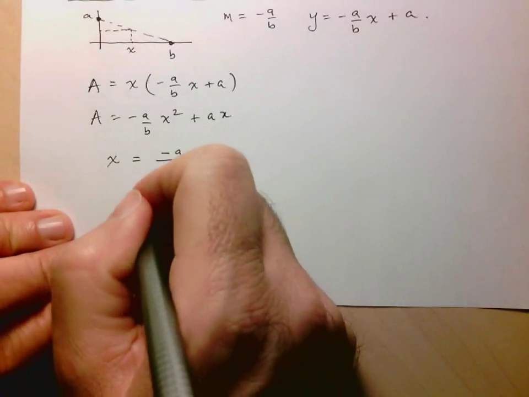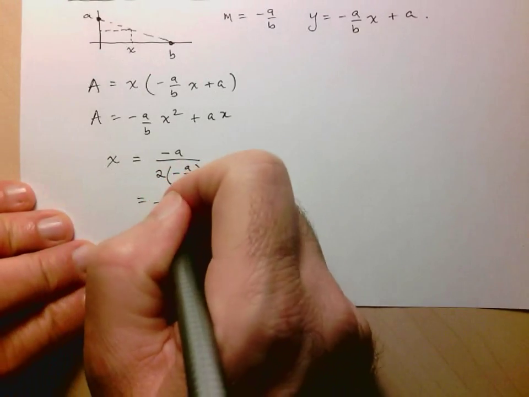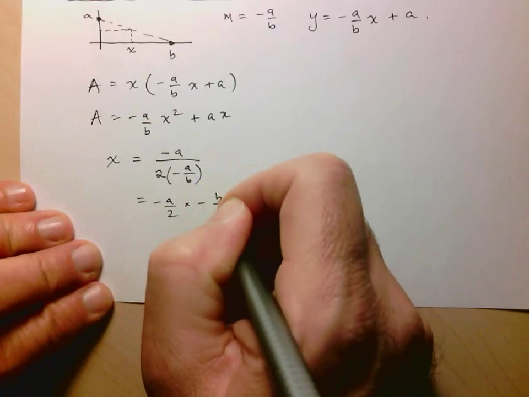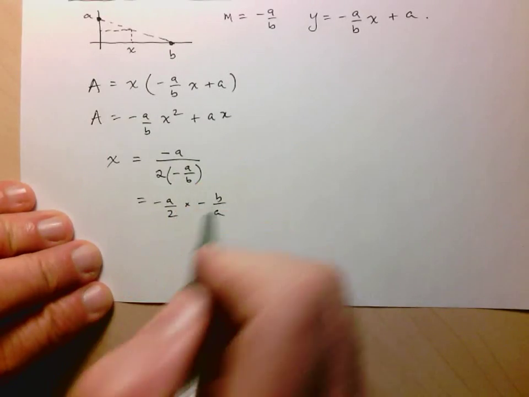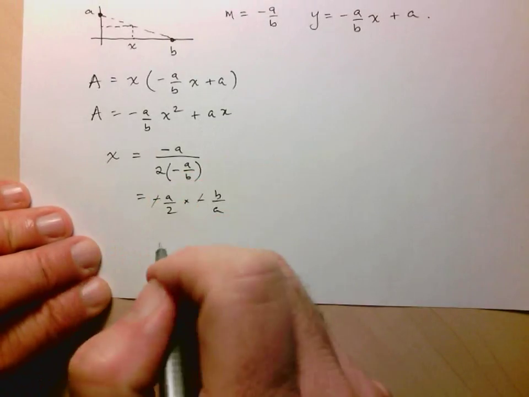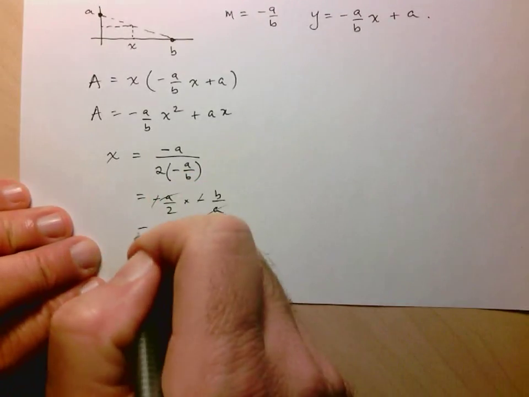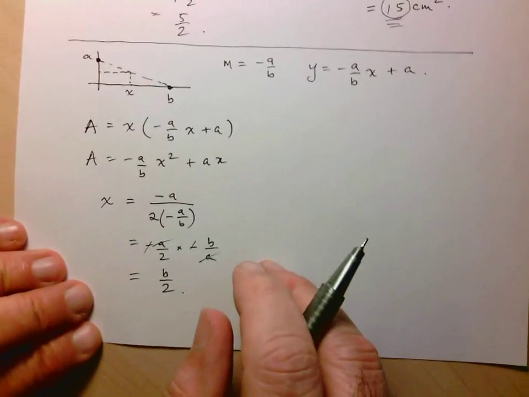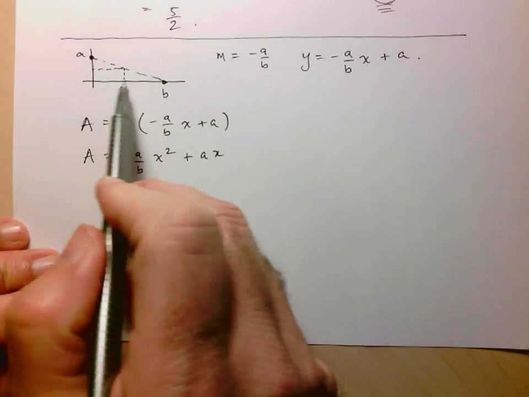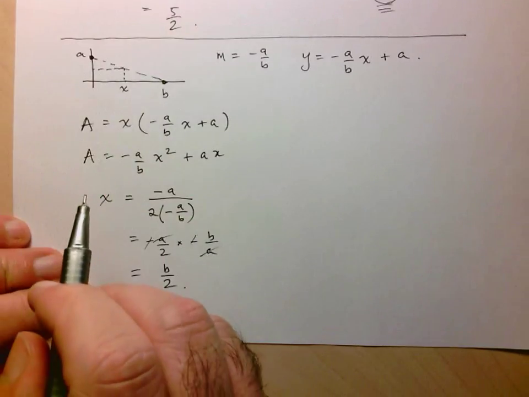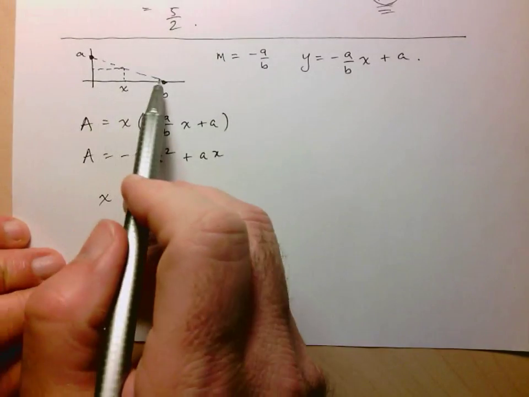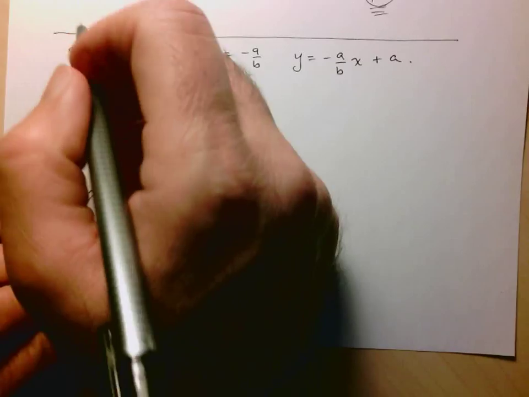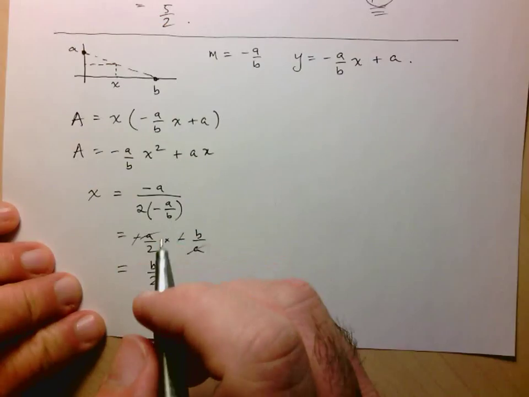Okay, and if we fiddle around with this, this is -a/2, okay, times -b/a. Since we're dividing by a/b, it just becomes times b/a. Negatives cancel out, the a's cancel out, and lo and behold, what do we have? b/2. So that means the x value, which is going to give us the largest rectangle, is exactly half the length of b.